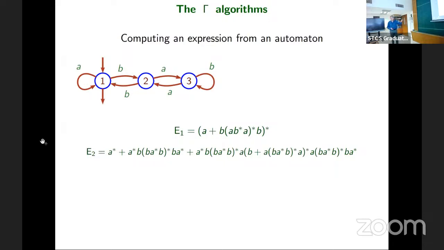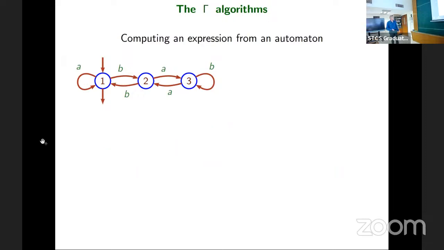Well, it raises many problems. How do you decide whether two expressions are equivalent? If you have an automaton, how do you get the smallest expression possible, or this kind of thing? Of course. But this is not the problem I want to talk about now, at least.